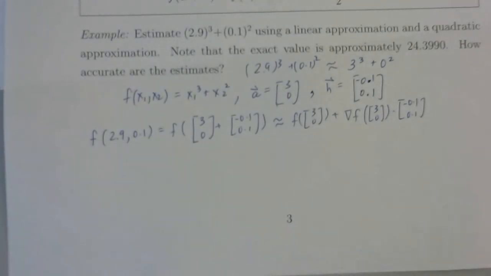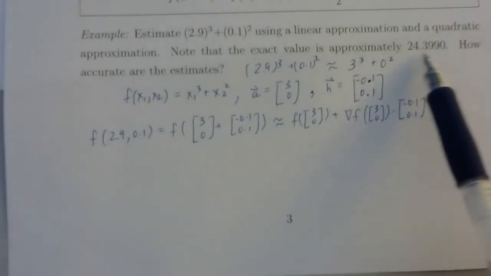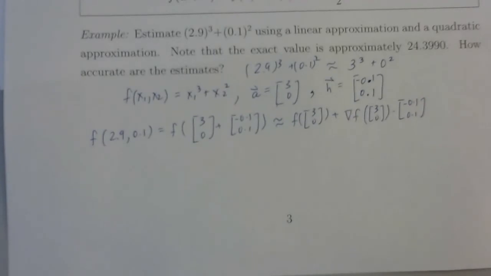I hope that that makes sense there. Okay, so let's compute the gradient of f. What the instructions say is, let's do this for a linear and a quadratic approximation, and then compare it to the exact value, which is approximately 24.399, and see which one is better. We think the quadratic approximation should be better, but let's check it out.